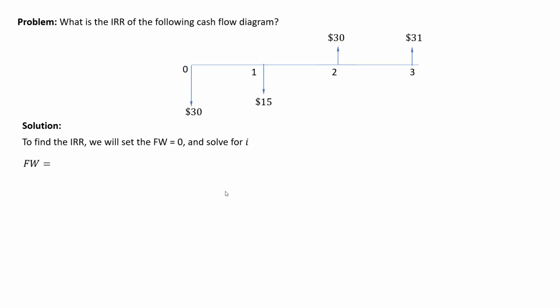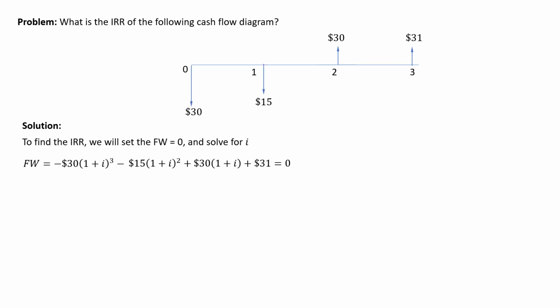Future worth: we have to project this 30 all the way up to t equals 3. Since it's negative, we say negative 30 times (1 + i)^3, and continue, negative 15 (1 + i)^2, positive 30 times (1 + i), plus 31. All of that should equal 0. And what are we trying to do? We are trying to find the value of i.